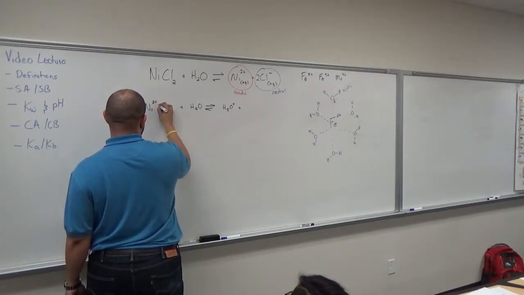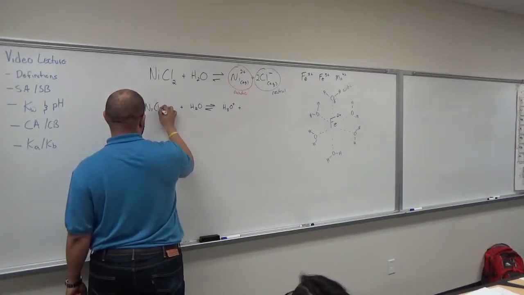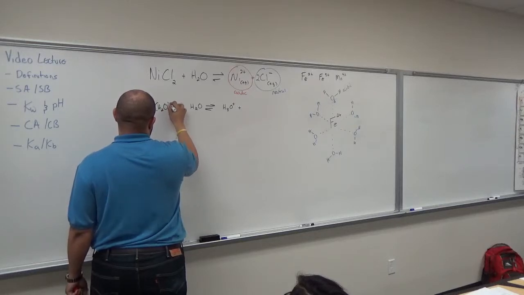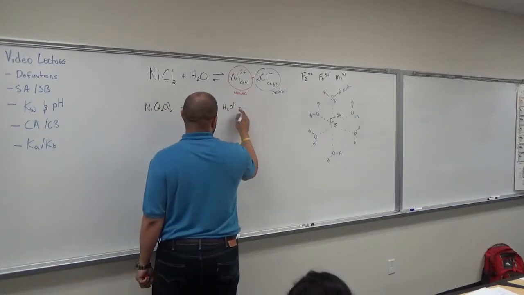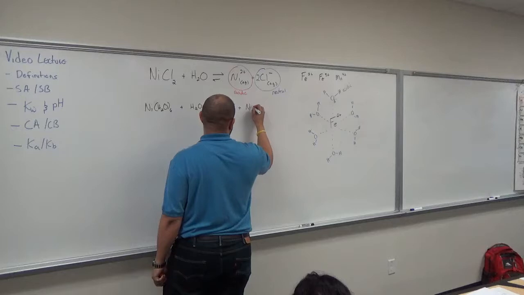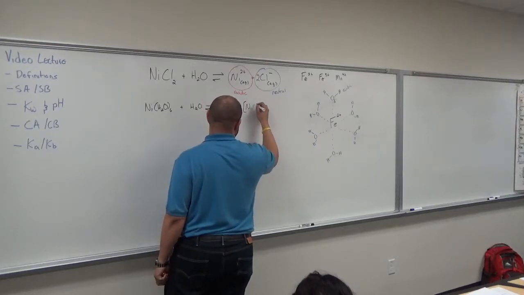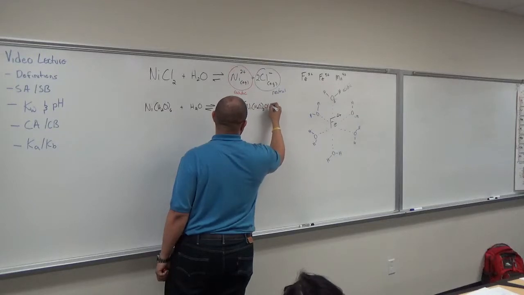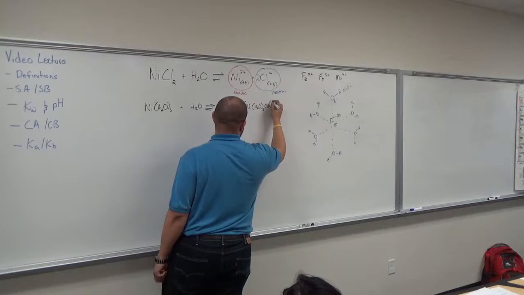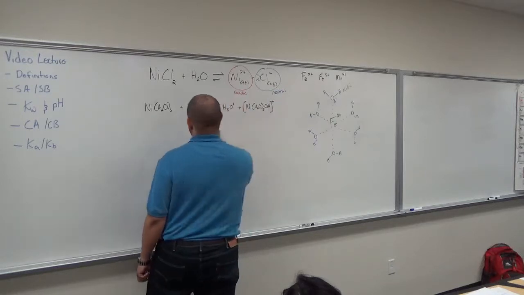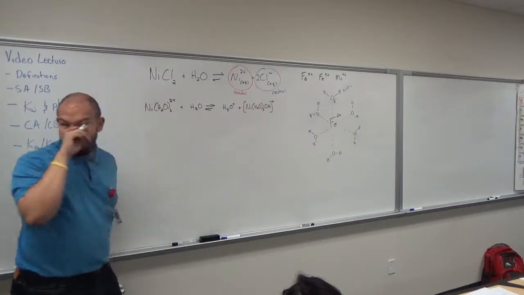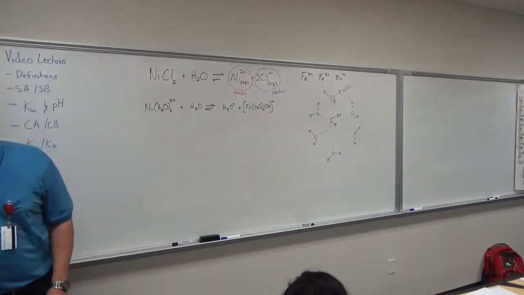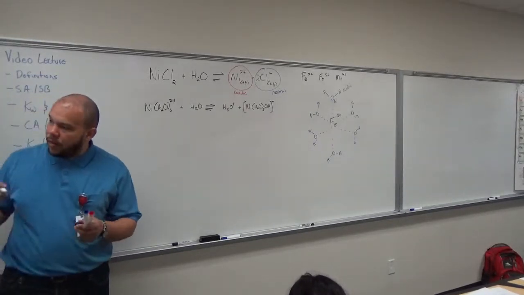Now, I'm not sure if nickel is octahedral, so I'm going to just write it that way. They're going to show this as a nickel complex, H2O 5 OH, and this should then have a +1 charge where this has a 2+ charge. Because they used iron 3+ there, either way.